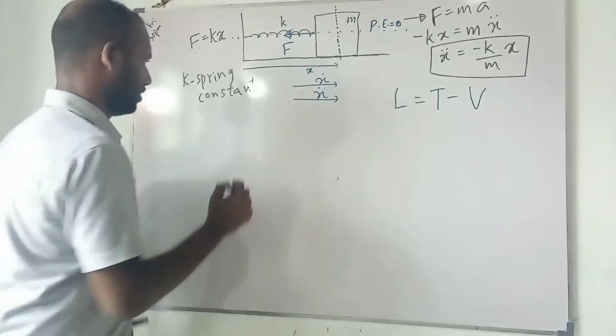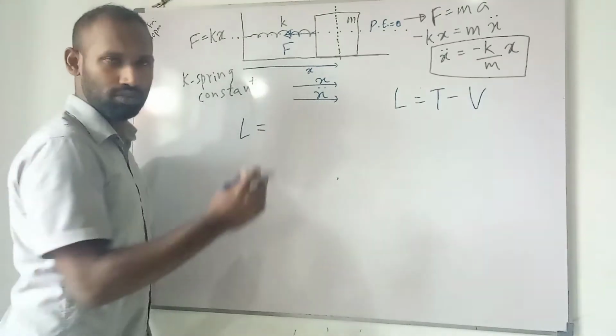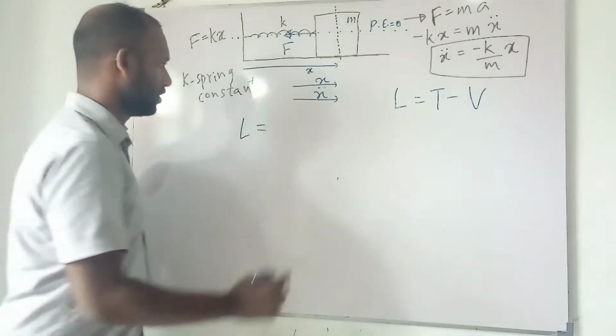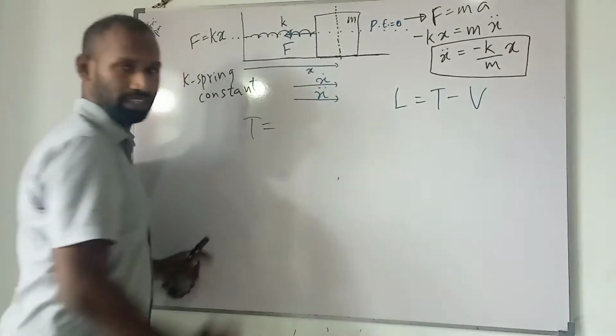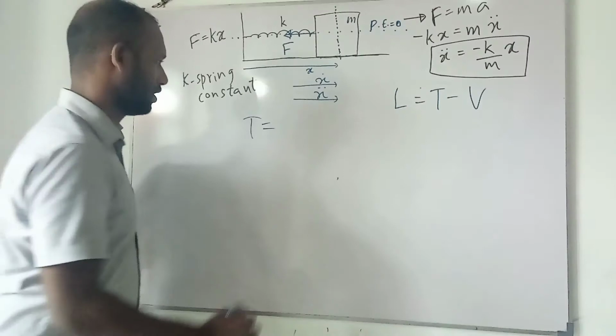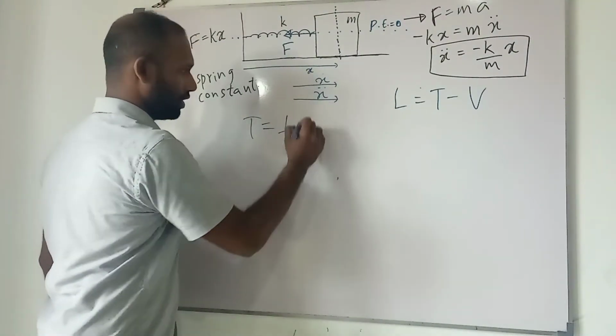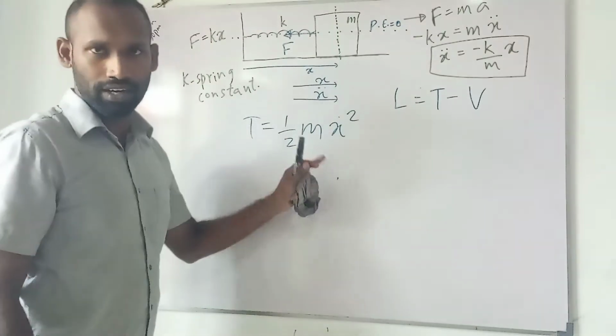First, we want to find L. So T, the kinetic energy of this system, is half m x dot square.